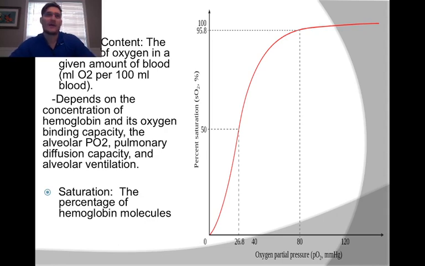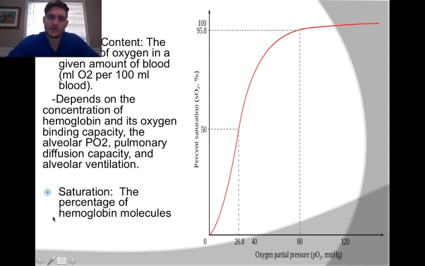Do you have thickened alveolar walls in case of someone who smokes or someone maybe with COPD or emphysema? And then alveolar ventilation. How much of that air is actually getting to the alveoli, to that diffusion site, so that oxygen could go through the alveolar wall into the bloodstream, right?